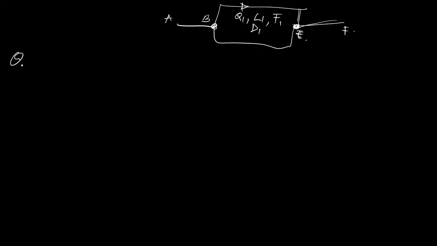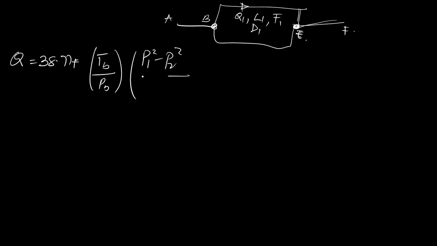Now we have Q to be equal to 38.77 F bracket open base temperature all over base pressure times bracket open P1 square minus P2 square divided by gas gravity, gas temperature, the length of the pipe segment, and the compressibility factor, all raised to power 0.5, bracket close, all raised to power 0.5 times D raised to power 2.5.